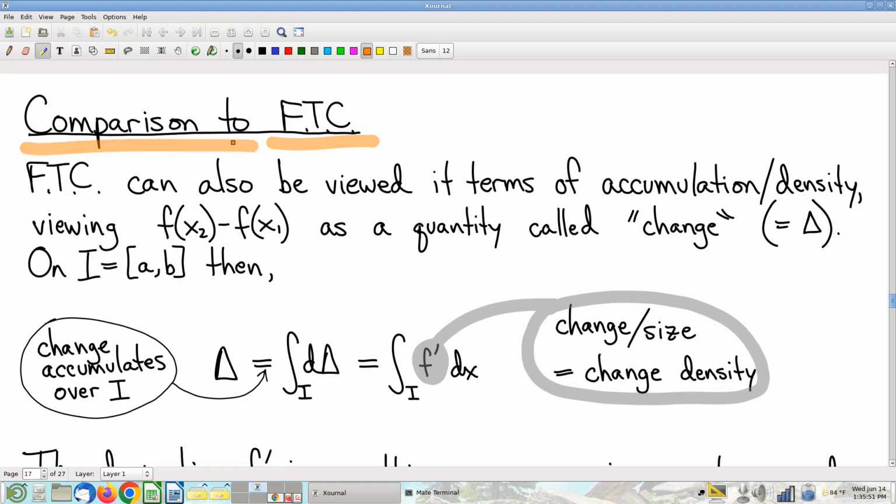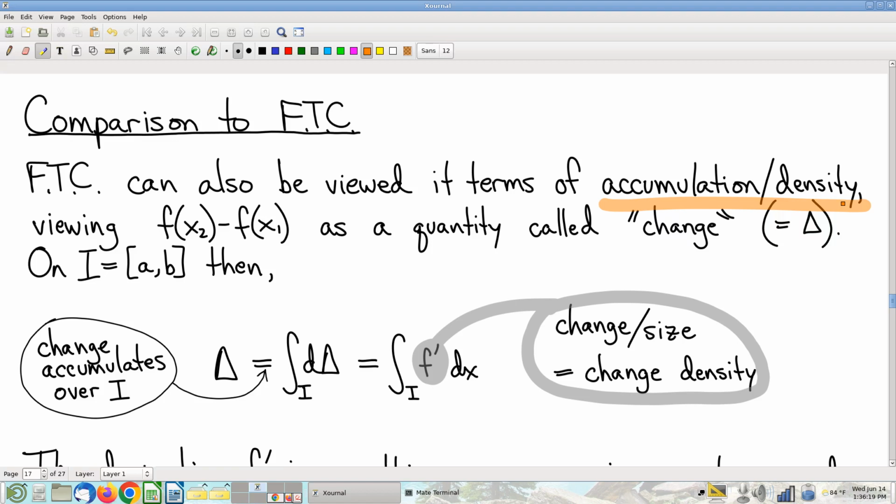And it turns out that among many other nice points of view, you can view the fundamental theorem of calculus as being an accumulation theorem, just like Green's theorem. We can view the fundamental theorem as being about the accumulation of a certain quantity with an associated density and thus computed with an integral.